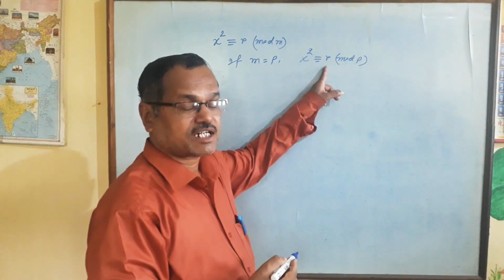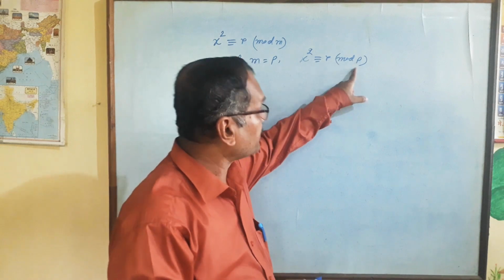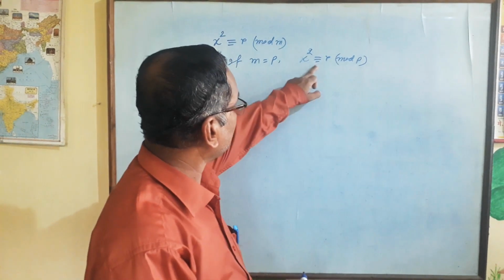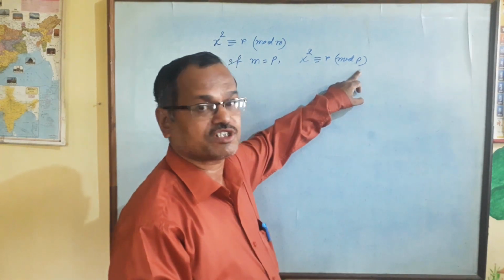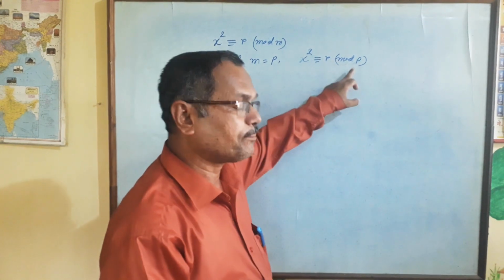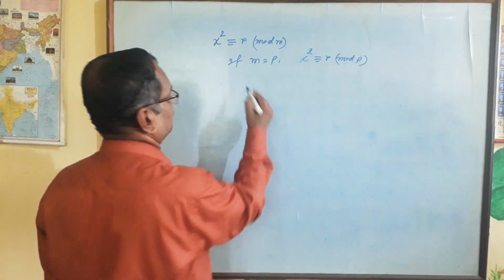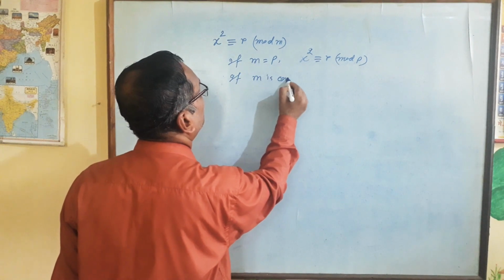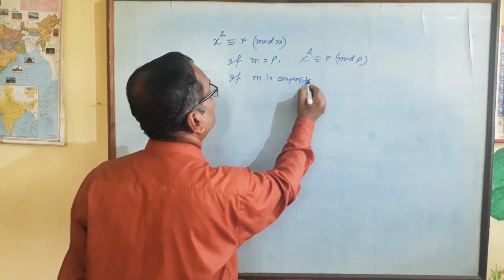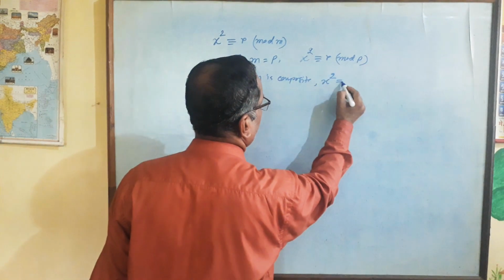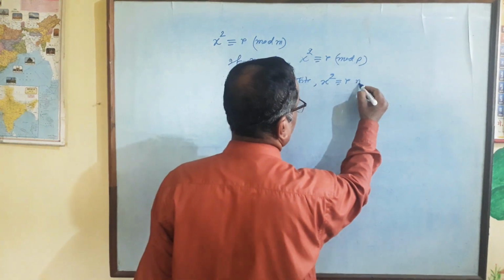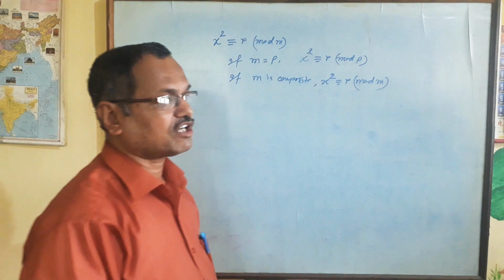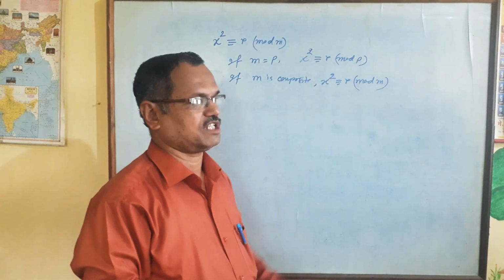So this is a standard quadratic congruence of prime modulus, where p is a prime number. If m is composite, then x square congruent to r mod m is a quadratic congruence of composite modulus.